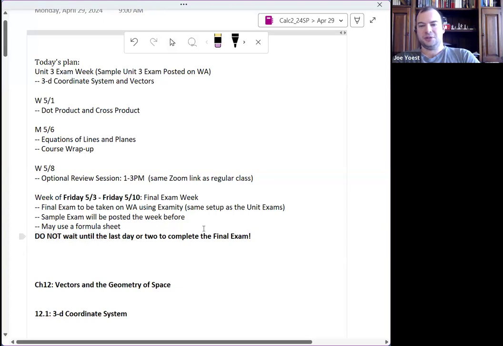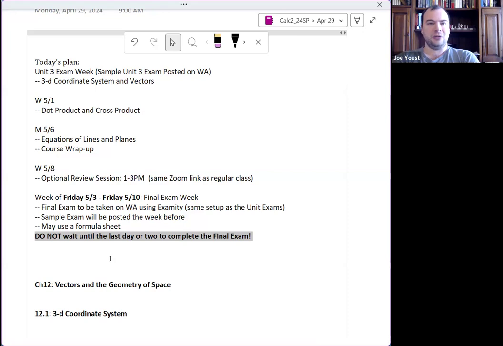I strongly caution you to plan to complete the final exam by Wednesday the 8th at the latest. That way, if you log in on Monday, Tuesday, Wednesday, something like that, and something happens, if Examity isn't working quite right, or something happens with your power or internet or whatever it may be, that gives you some buffer to work out a solution.